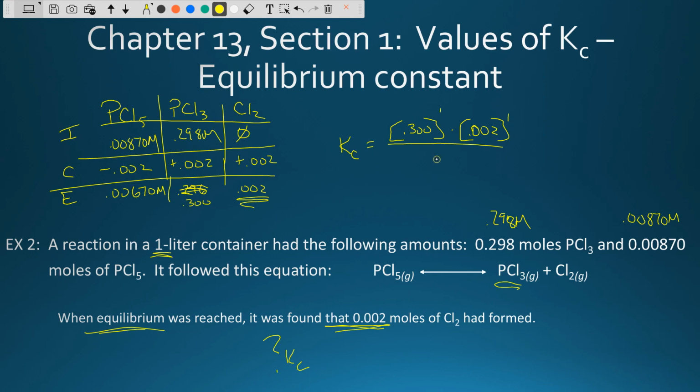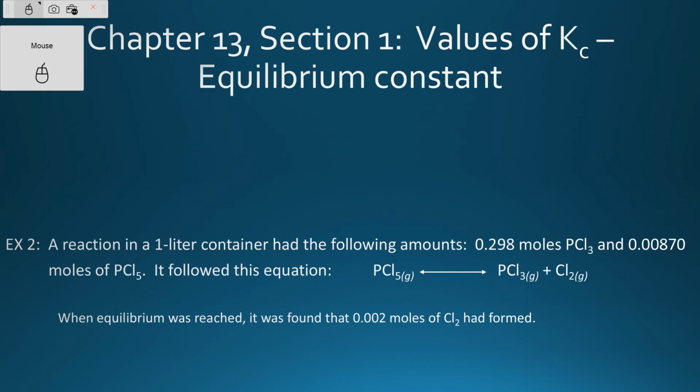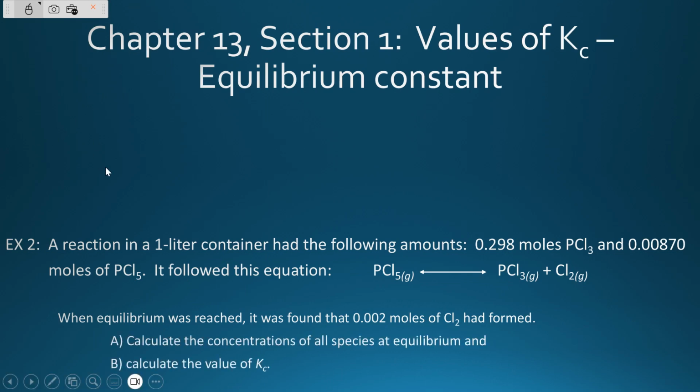And on my reactant side, I have 0.00670, and again, only one of those. So my Kc value ends up being 0.08955, or 8.96 times 10 to the negative second. Either one works, but again, we have a very small value of K. All right, so that answers the follow-up question. I figured I'd put that in with those things.